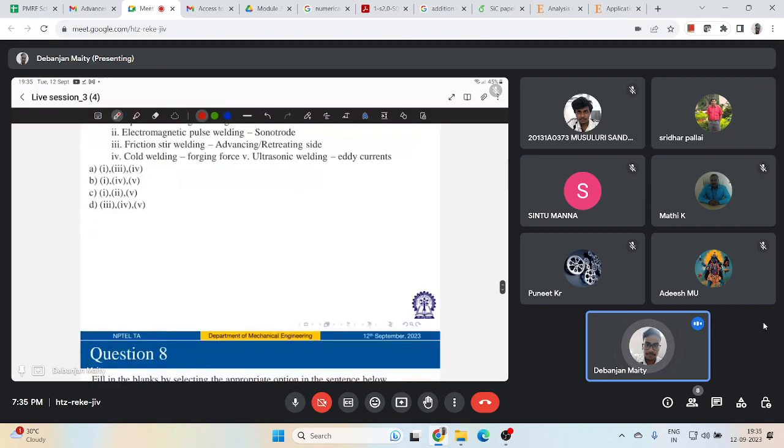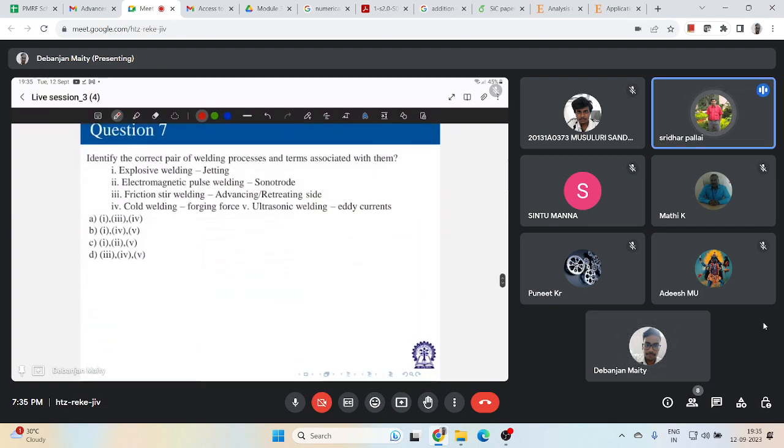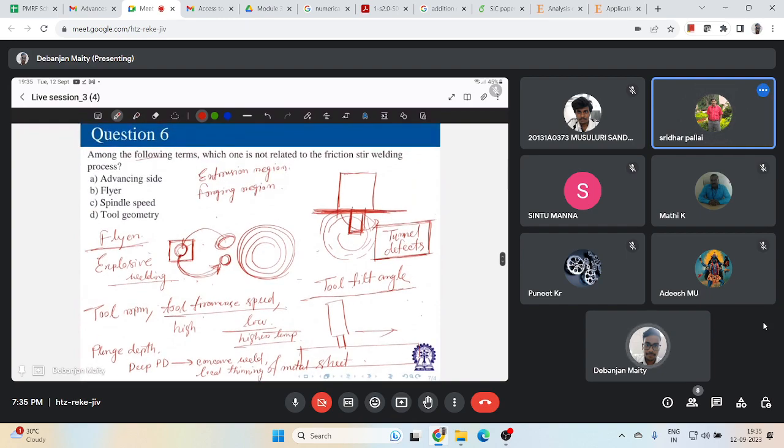Sir, can I ask a question? Sure. Sir, up to what thickness can we use this friction stir welding? Material sheets of what thickness can we weld by this? Usually people have used thickness of up to 5 mm.